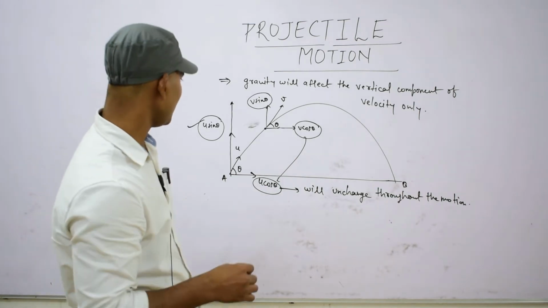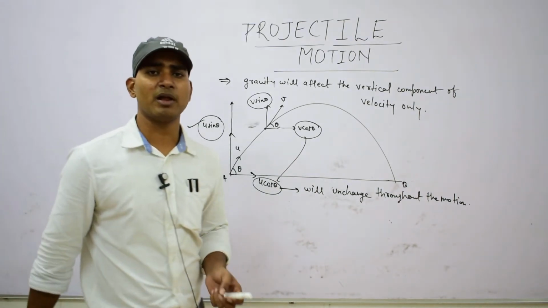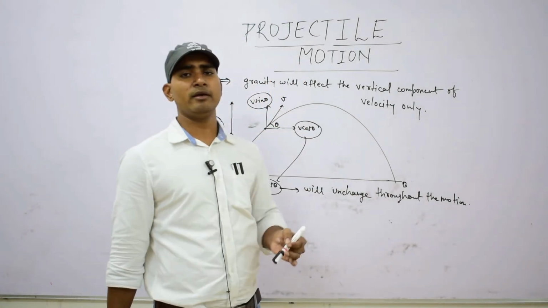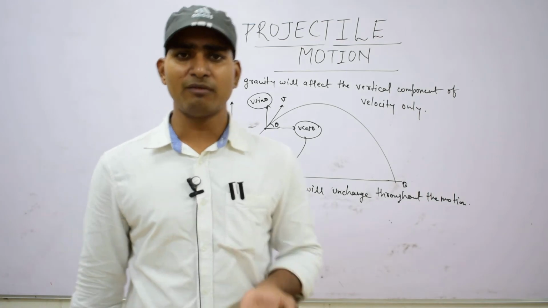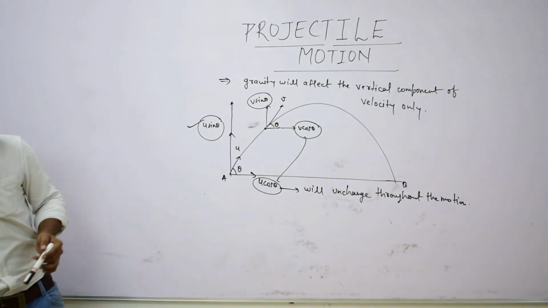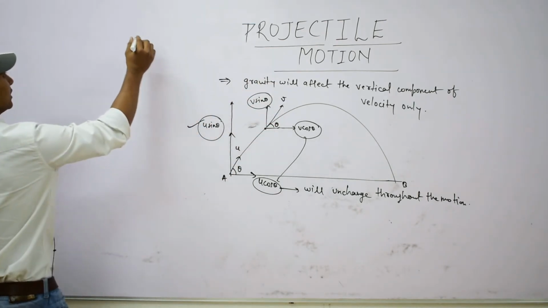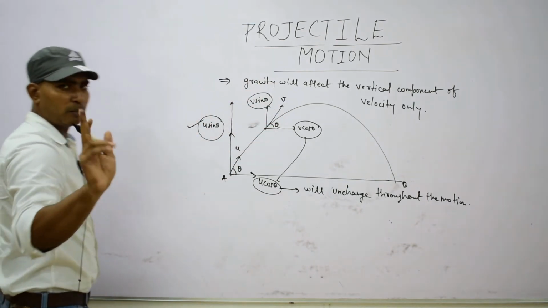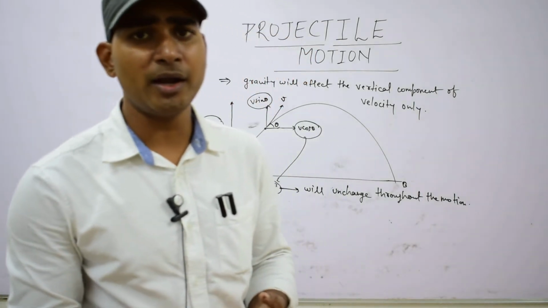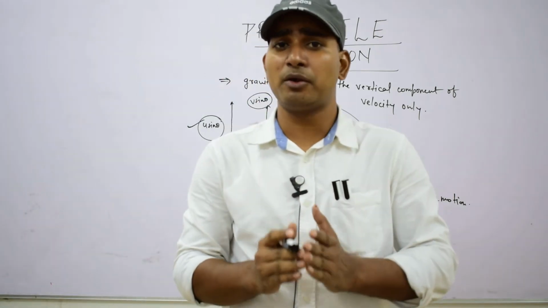There are certain formulas which you need to know. Let's suppose at any particular point we need to find the total velocity. As we know, if two components are there, we have to study these two components in different directions. Both are mutually independent with respect to each other.